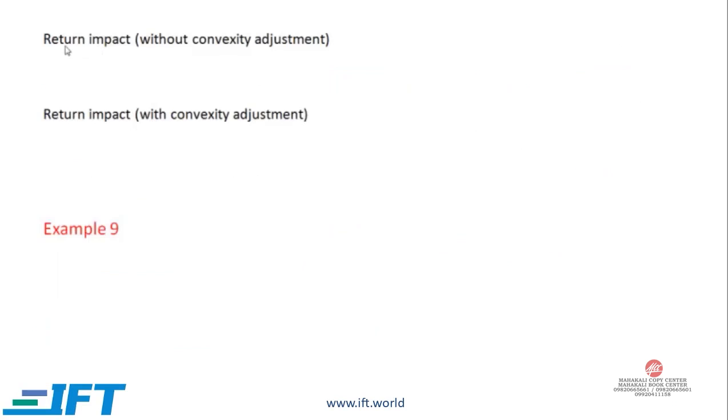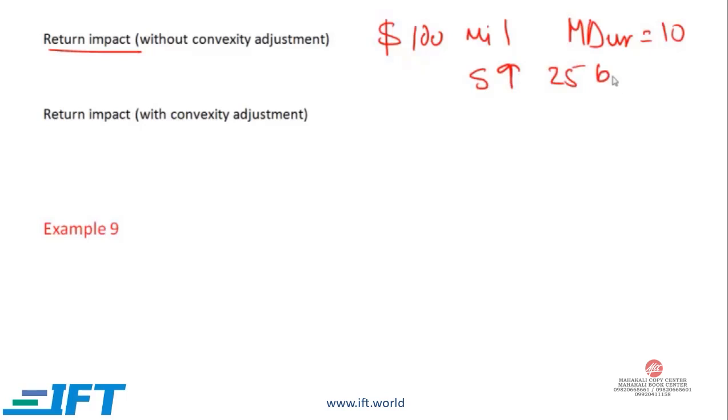Let us now talk about the return impact of a change in spread. So let's say you own a bond portfolio worth $100 million, and let's say that the modified duration of this bond portfolio is 10. So what will happen if the spread widens by 25 basis points?